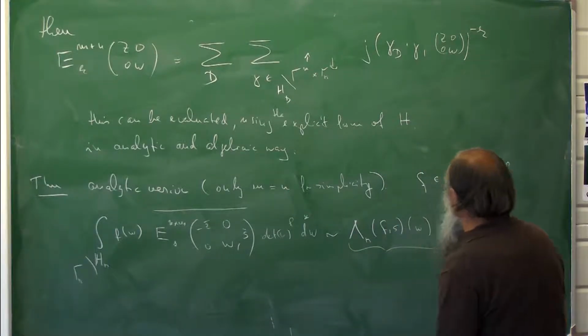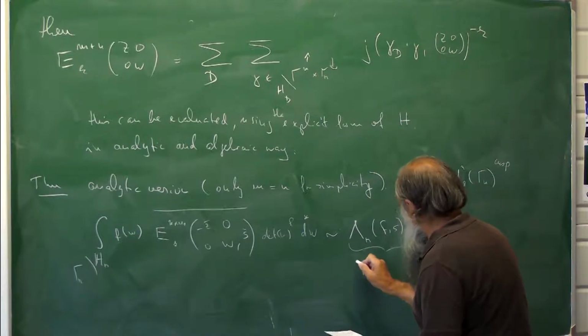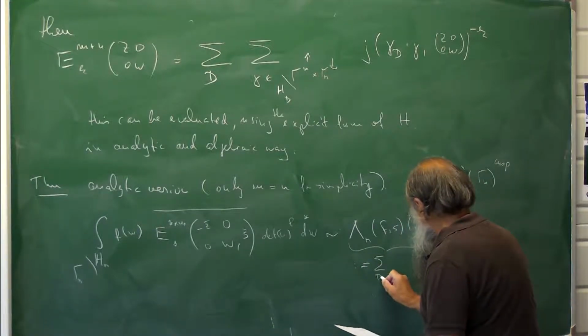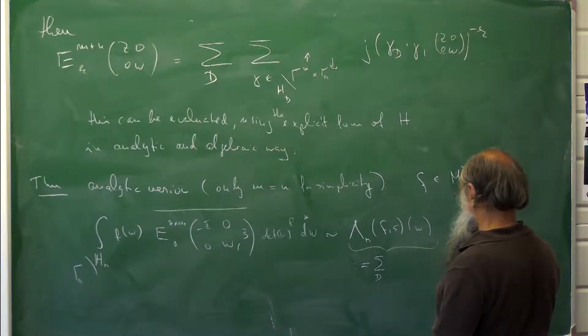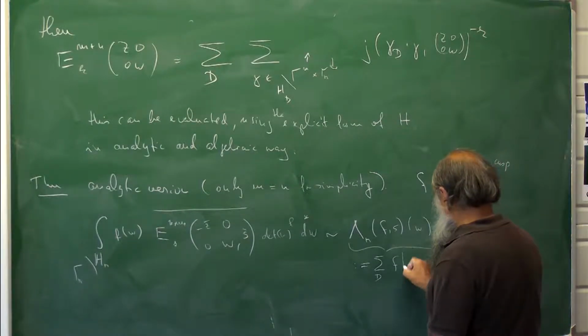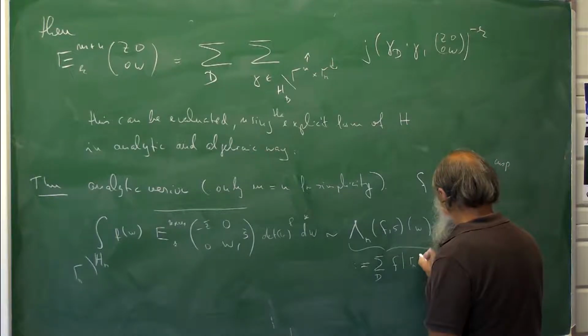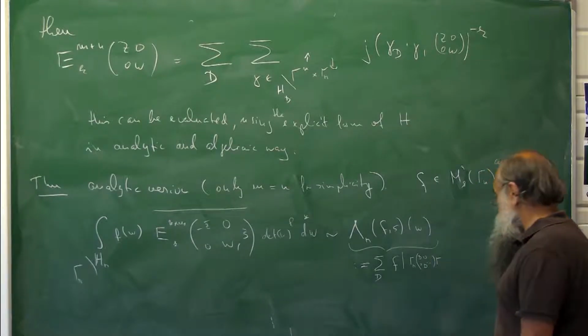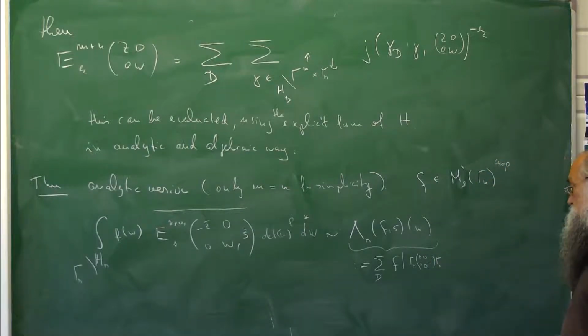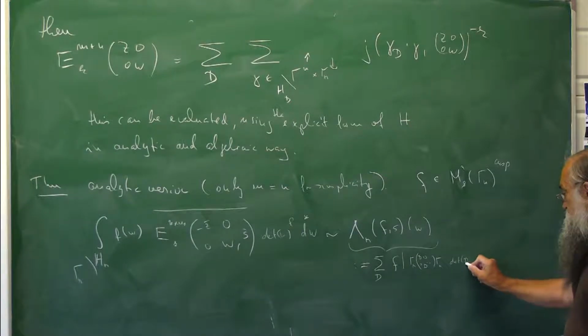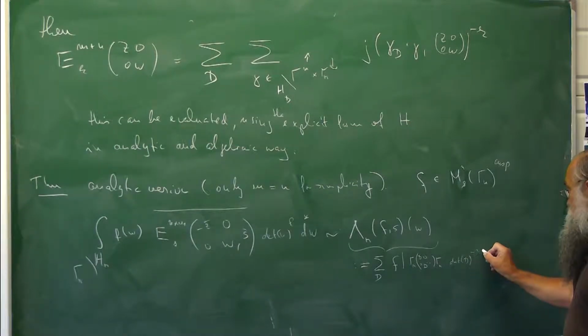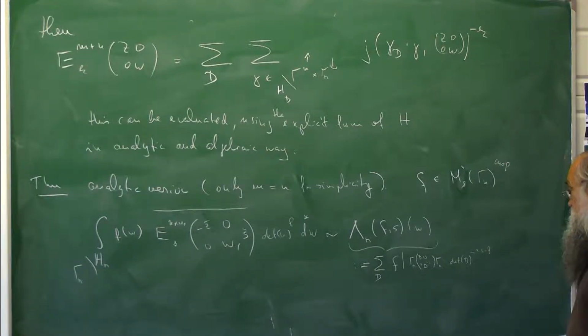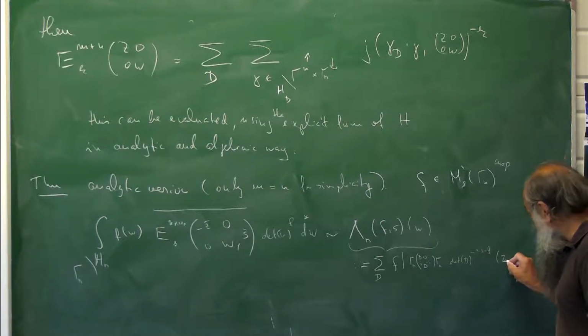Which is defined as the following: you take the sum over all D, you take your f, you apply the Hecke operators coming from these double cosets, minus 2s minus k, of z.